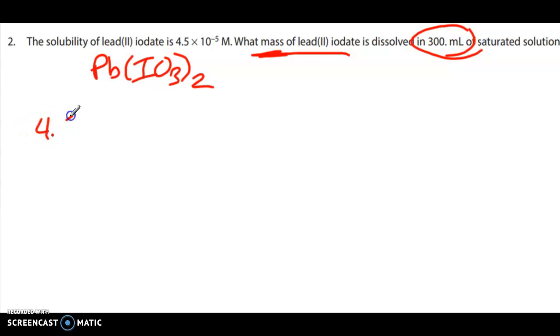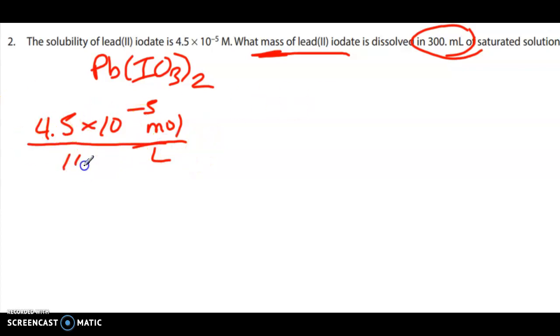So we have 4.5 times 10 to the negative 5 moles per liter, or actually we can convert this right away because we're dealing with milliliters. Really, it's 1,000 milliliters, right? Moles per liter, moles per 1,000 milliliters, same thing. And we're dealing with 300 milliliters of solution.